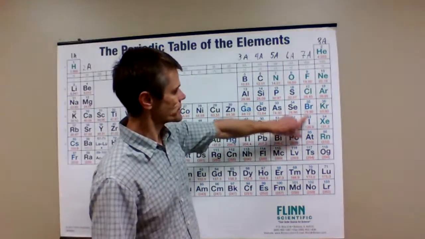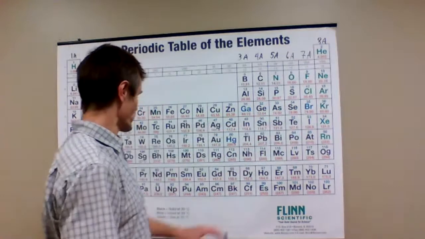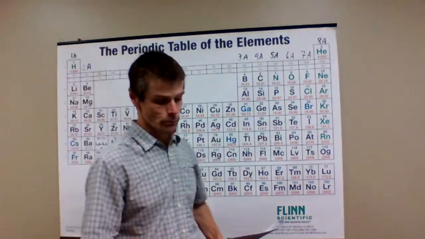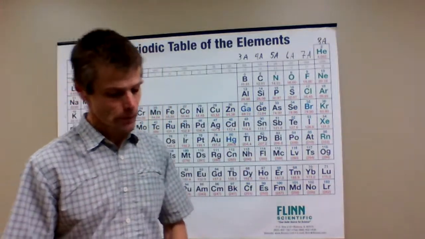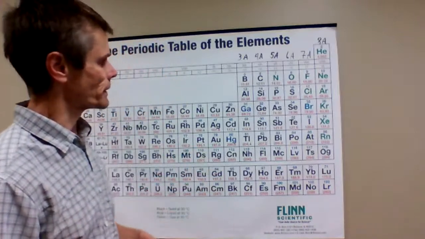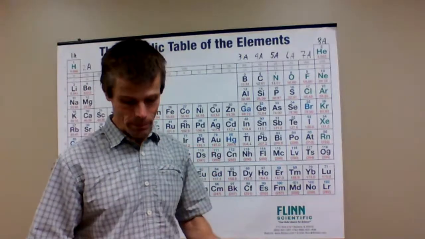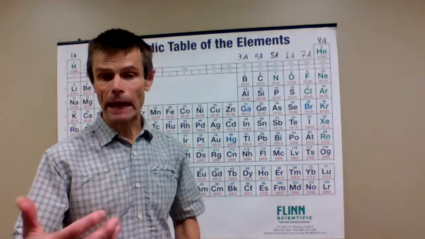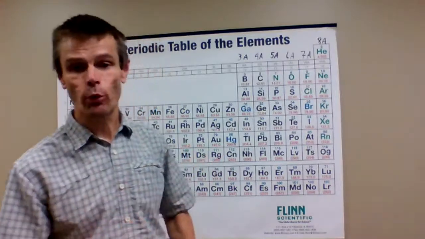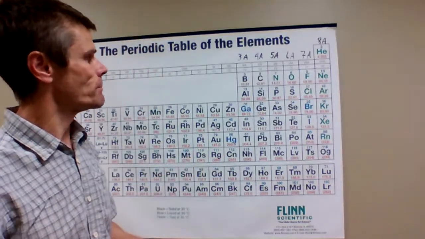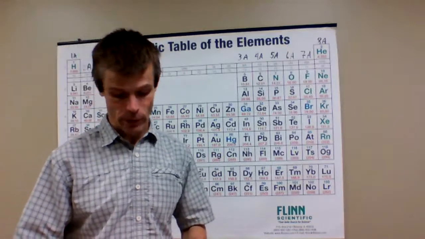Blue are the liquids. We do get a few of them that are solid at room temperature. And in chemical bonding, what we find is that our nonmetals typically gain electrons, and that's going to be an important feature of nonmetals as we move through a little more discussion on chemical reactivity.